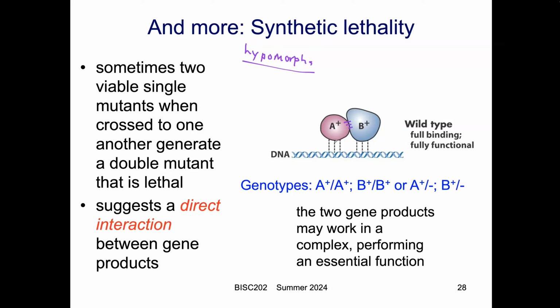But when they're both mutated, you have a more severe phenotype. So we'll think about this situation where we've got a transcription factor. Each of them binds part of the sequence that they're targeting in order to initiate transcription of the gene, and they have to be bound to each other in order to do their job.